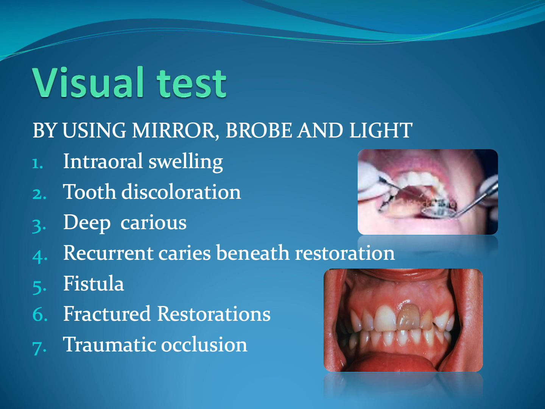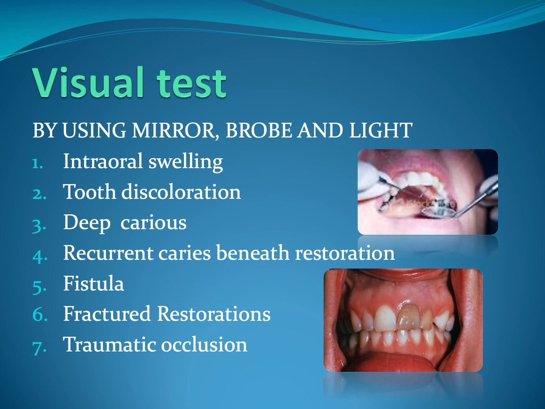Visual examination, we have to make an intraoral examination by mirror and probe and very good light. In the intraoral examination, we will see intraoral swelling, tooth discoloration, deep caries, recurrent caries beneath the restoration, fistulas, fractured restorations, traumatic occlusion.